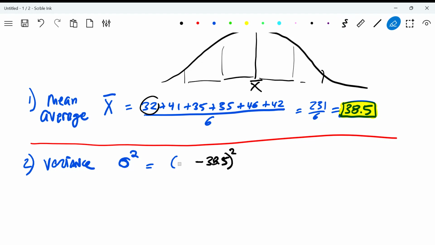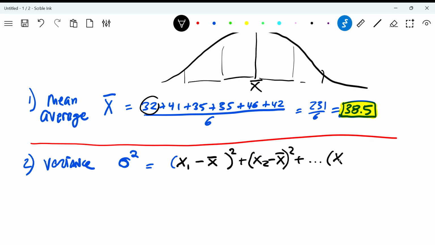Actually, I'm going to come back here and do this algebraically. You take the first data point and subtract from it the mean, or the average, and square it. You add to it the second data point, subtracting the average, squared. You add to that the third and the fourth and the fifth, all the way until you get to the last one, and we'll call the last one n, the last data point.